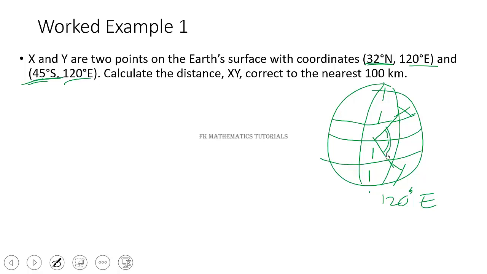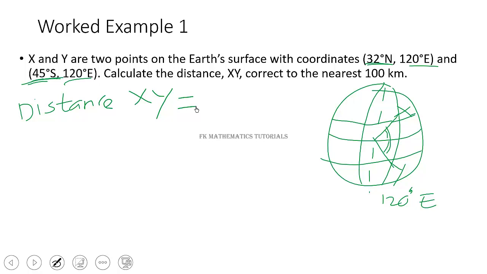So the distance from X to Y will be equal to theta over 360 times 2 pi r.